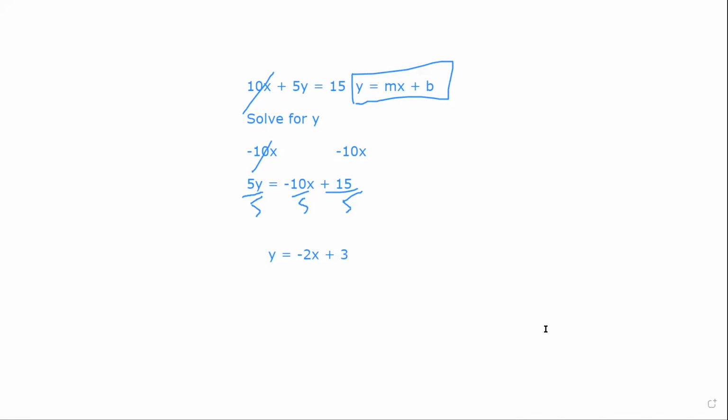And most of the time in standard form, that's what we're going to have to do to find slope. And a lot of times even to be able to graph it, because standard form is kind of cumbersome. It doesn't really help us with either of those. Solve for y.